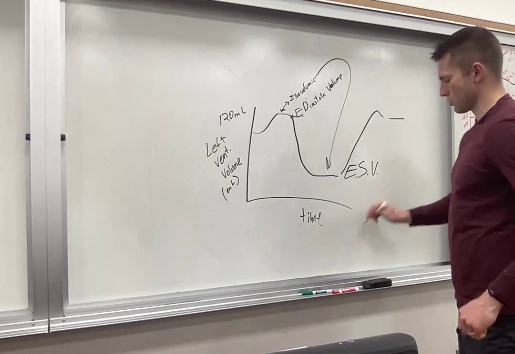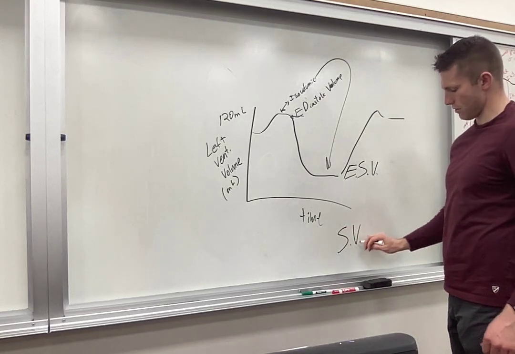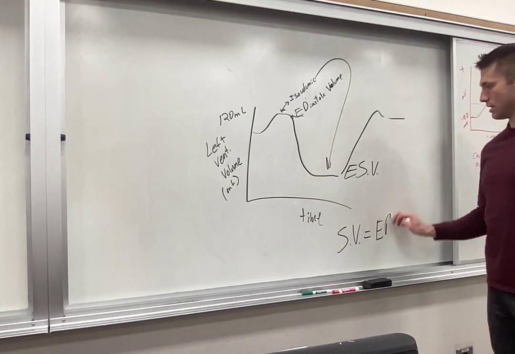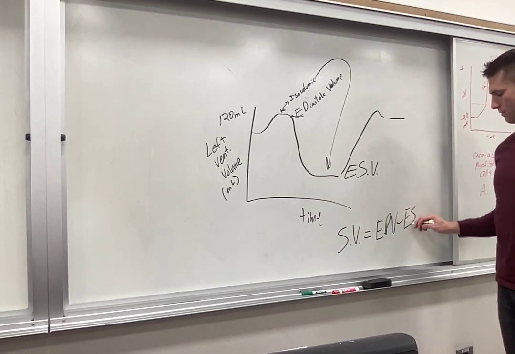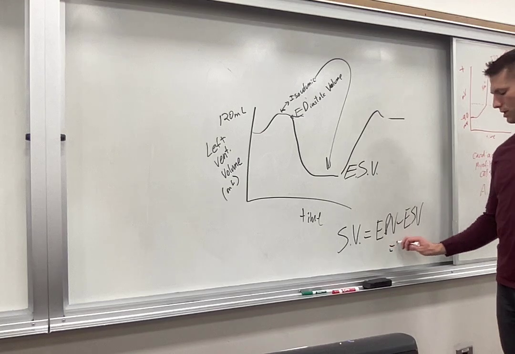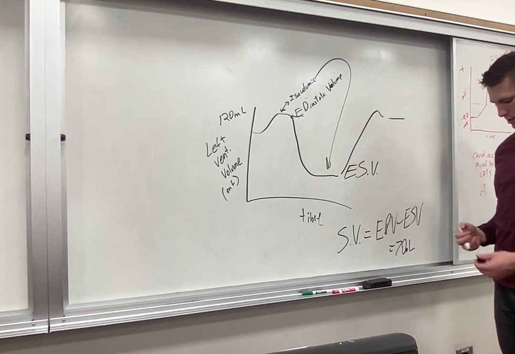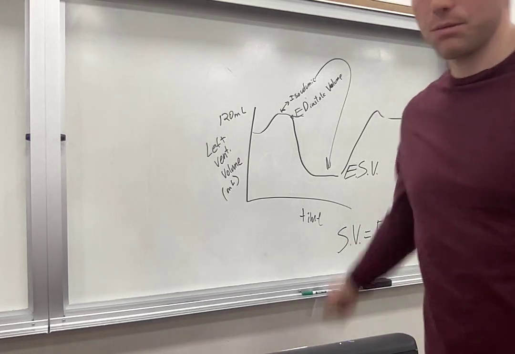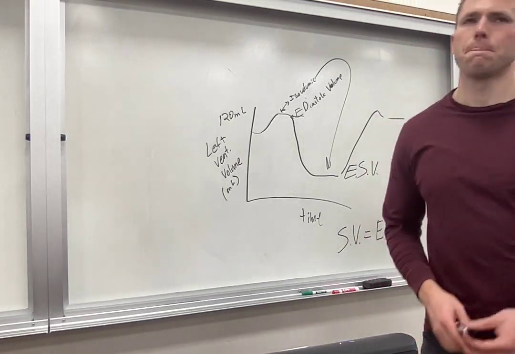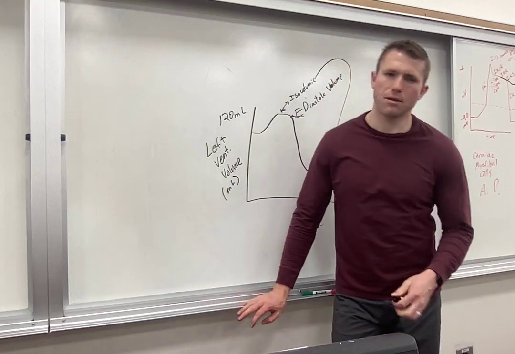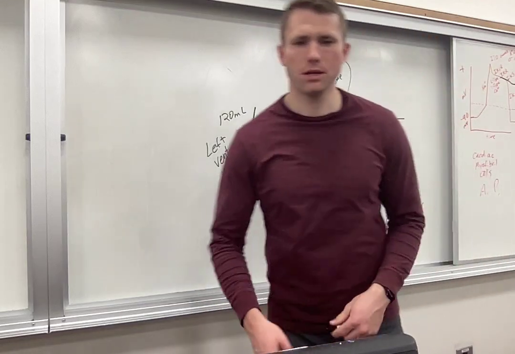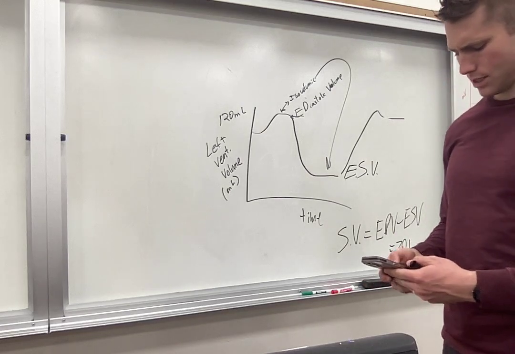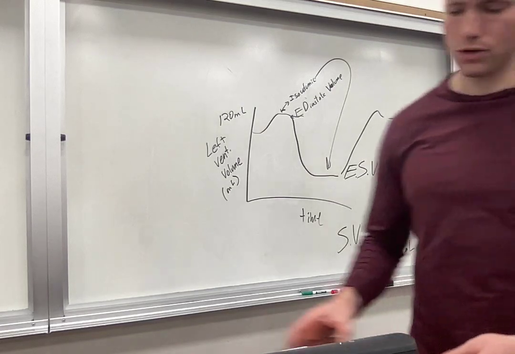Okay, so stroke volume, SV, equals EDV minus ESV. That's typically 70 milliliters. And typically our body, say it pumps about 60 beats per minute. So if we're moving 70 milliliters per beat, so 70 times 60, that's like 442.